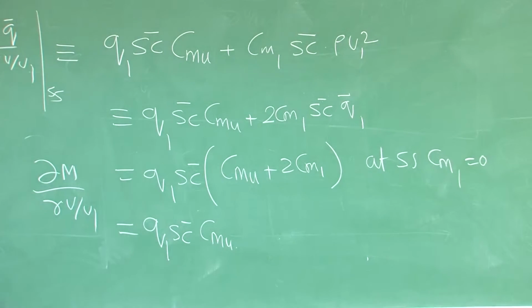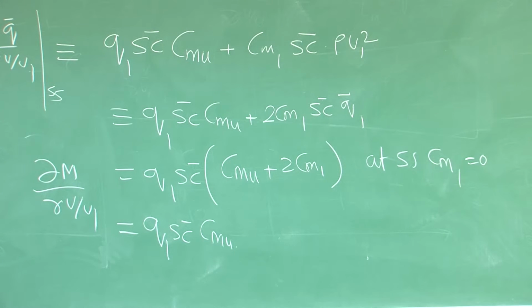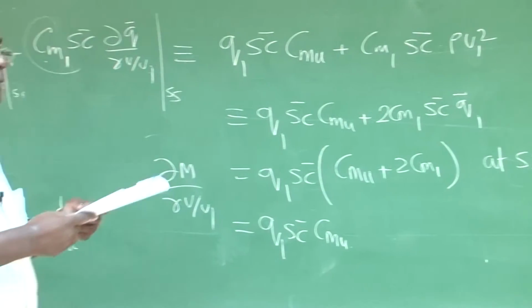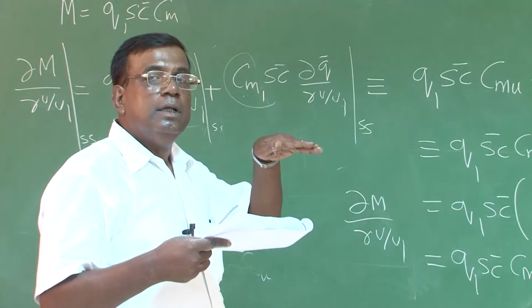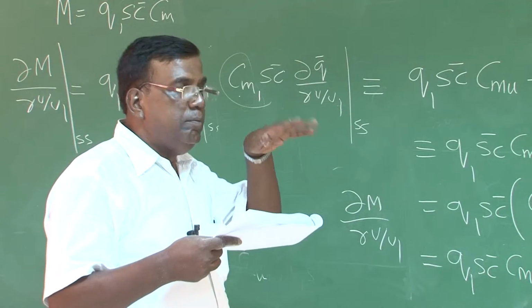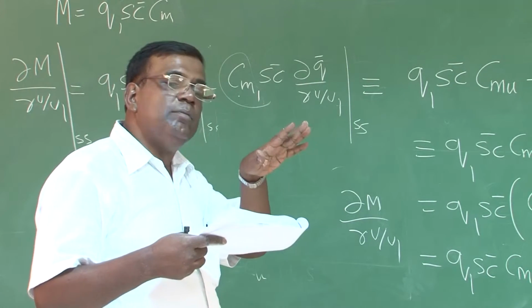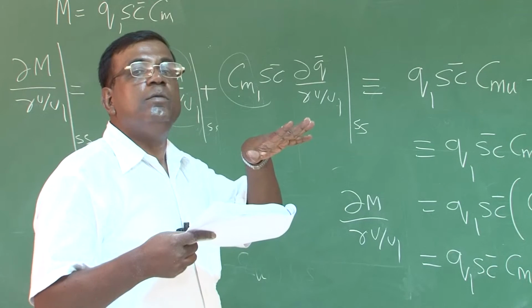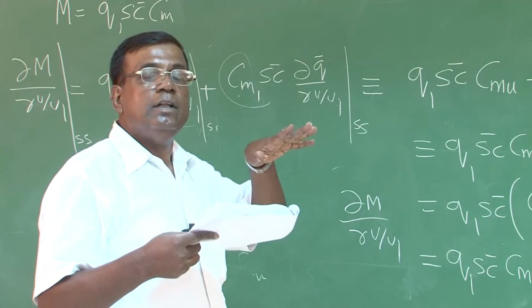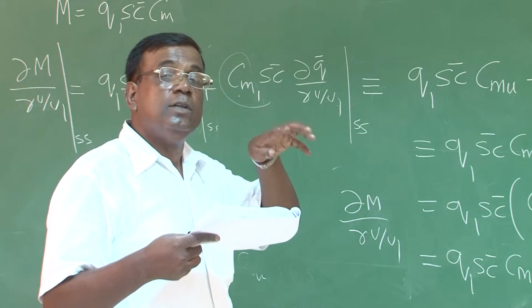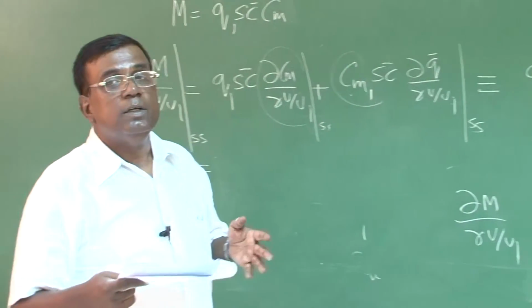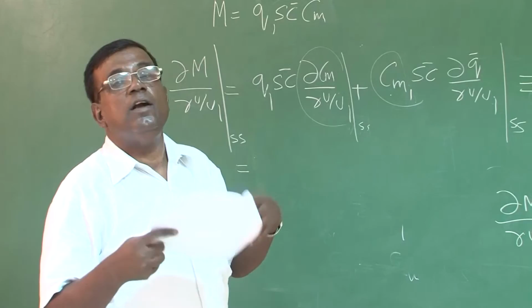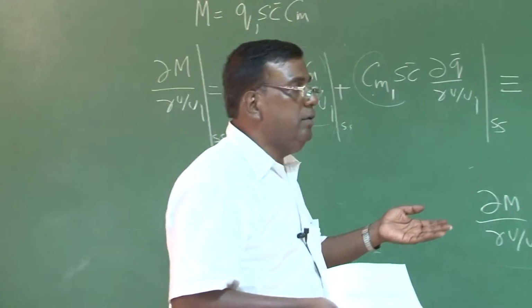Please understand, once I put Cm1 equal to 0, it is because there is no thrust contribution. Suppose the thrust line was such that it was also giving a pitch down moment, then to trim the airplane, that pitch down moment and another pitch up moment, total Cm has to be 0, right? The aerodynamic plus the moment due to the thrust. But since we are not considering thrust, for trim, total Cm has to be 0 means the aerodynamic moment has to be 0. That is the understanding.